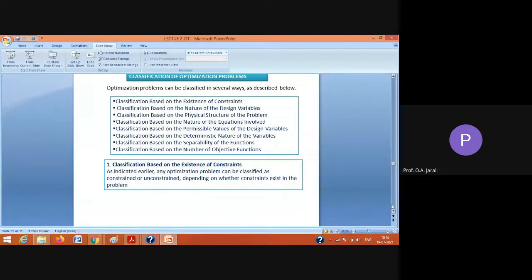So in these eight ways, optimization problems can be classified. Let us discuss them one by one.